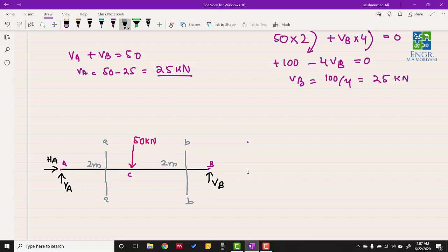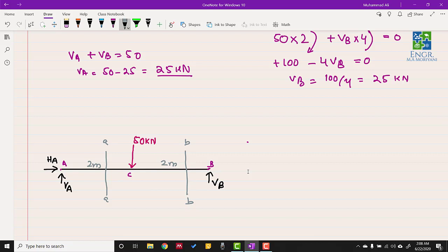Now after dividing this into two sections, we also need to specify the distances. In order to specify the distances, we take that part of the beam which is computationally less laborious.